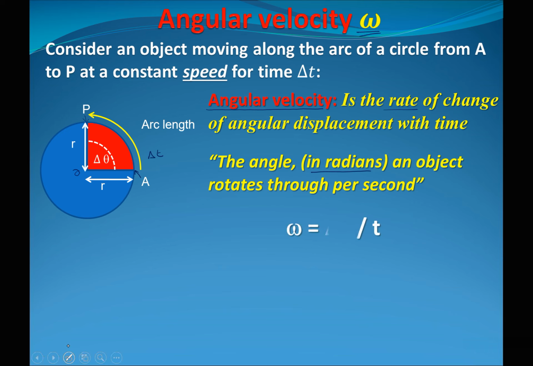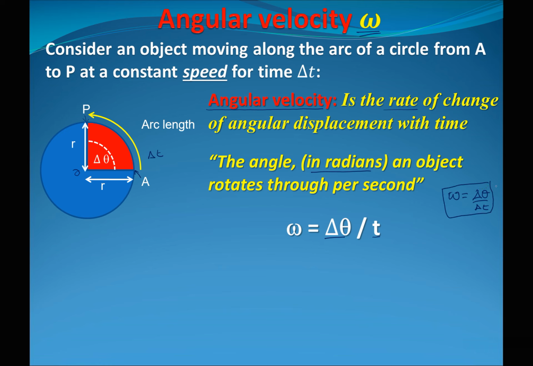So what I've just mentioned is that omega is going to be delta theta divided by delta t. Many students write W. Angular velocity omega is the same as delta theta divided by delta t, the rate of change of angular displacement.